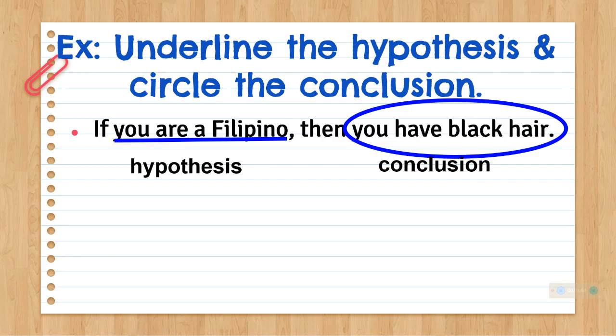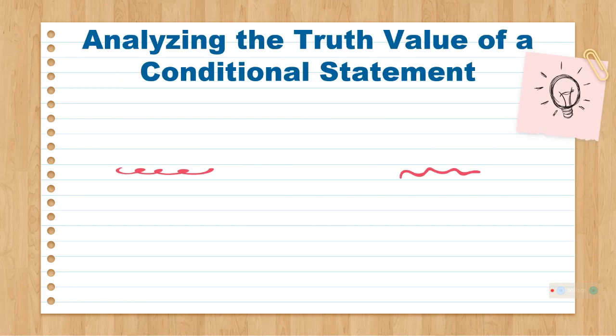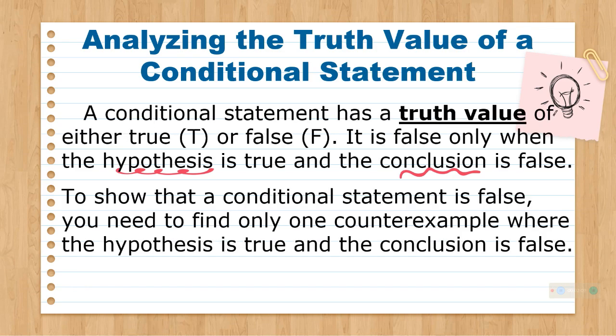I hope you have a recall of the topic that we discussed yesterday, because today we are going to analyze the truth value of a conditional statement. This is our first topic for today.